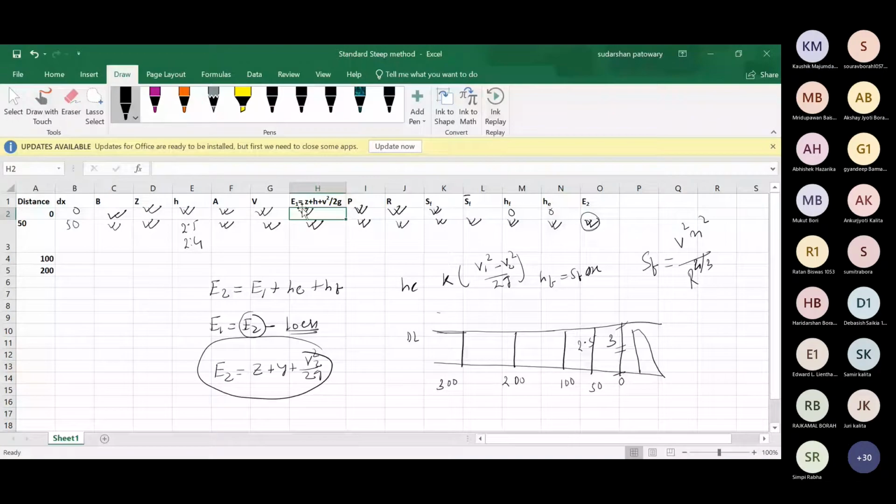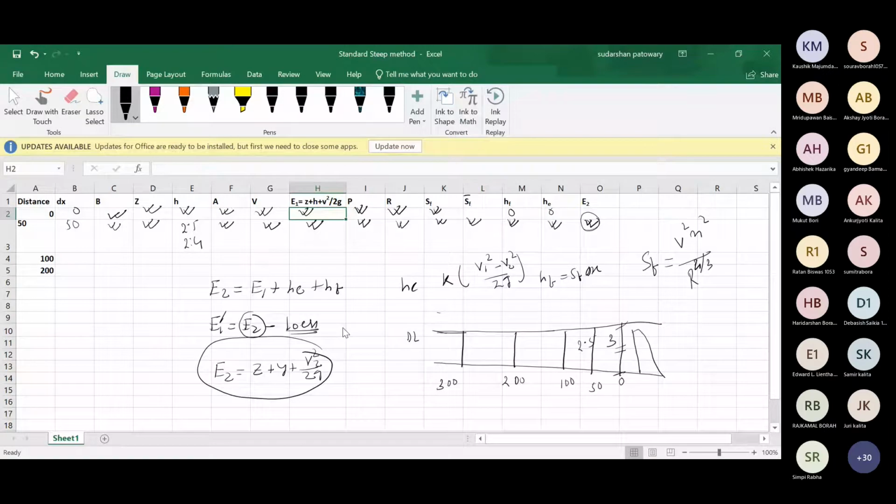Yes, sir. If you are getting E1, then your assumed value 2.5 is correct. Now suppose E1 calculated from E2 minus loss, from this formula, is suppose your E1 dash. I mark this as E1 dash.